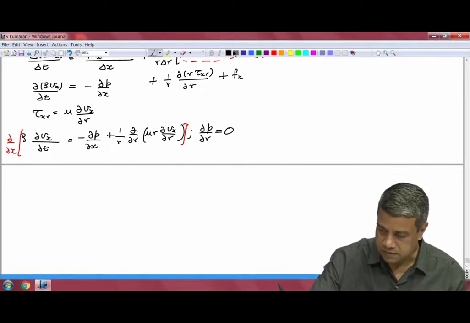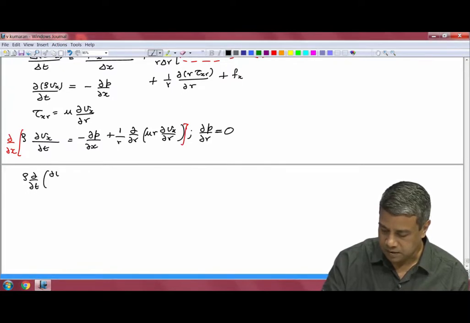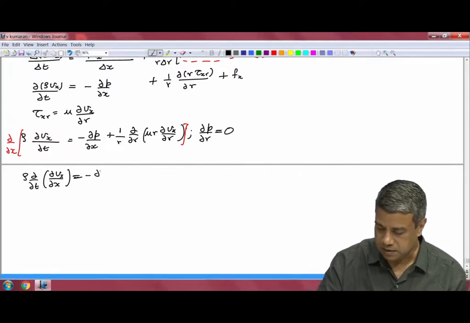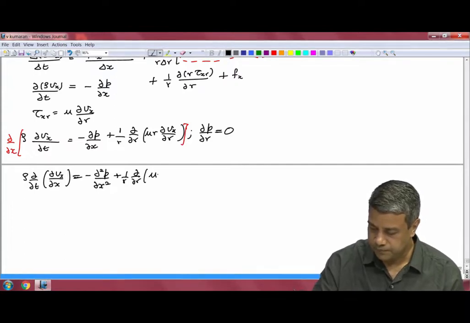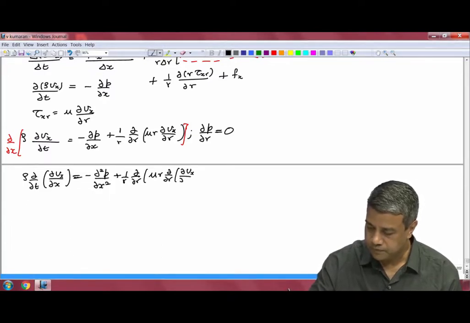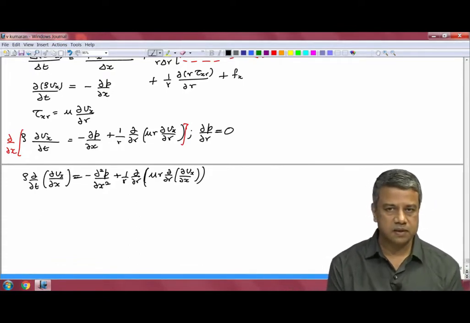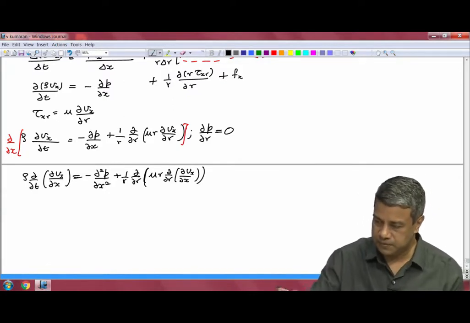So, I will get rho times partial by partial t of partial Vx by partial x is equal to minus partial square p by partial x square plus 1 by r, and so on. I differentiate with respect to x and interchange the order of differentiation, and this is what I get.